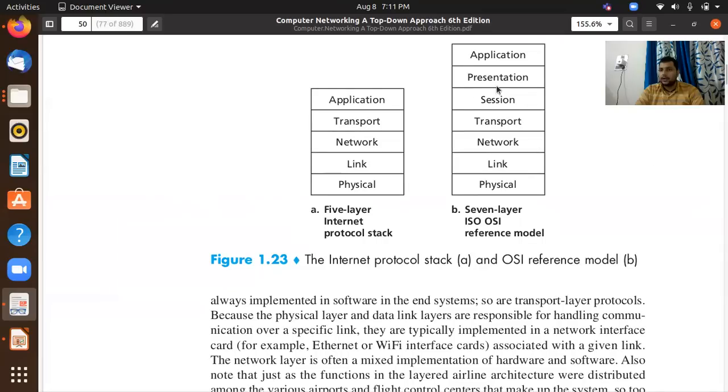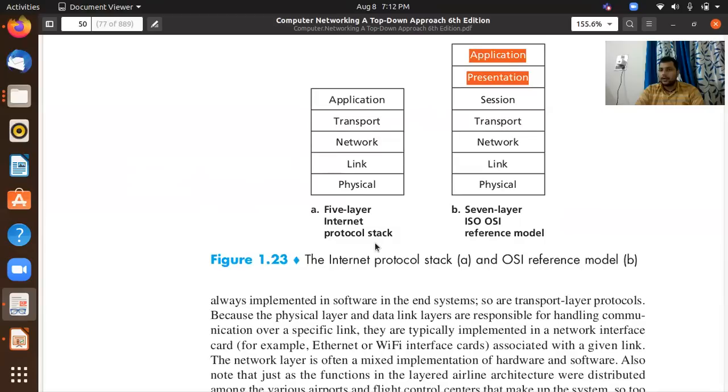Both operations we have merged in these 2 layers. Most of the work of the presentation layer will be done at the application layer, and the transport layer will handle the session. So here session and transport we have merged into transport. Here application and presentation we have merged in the application layer.